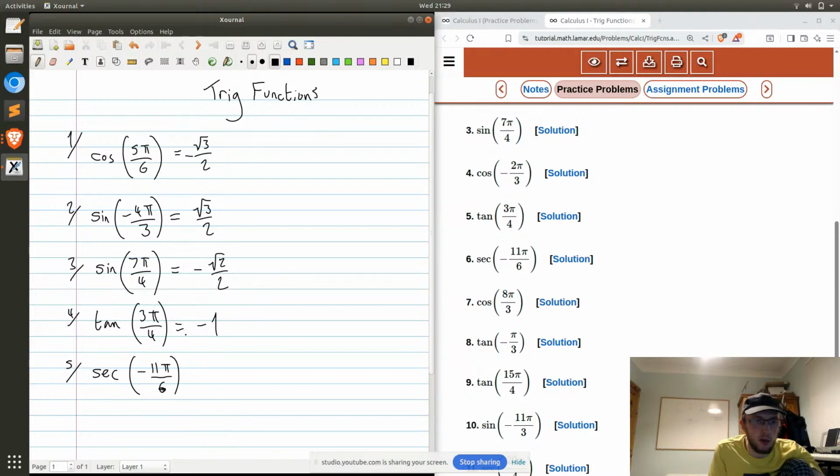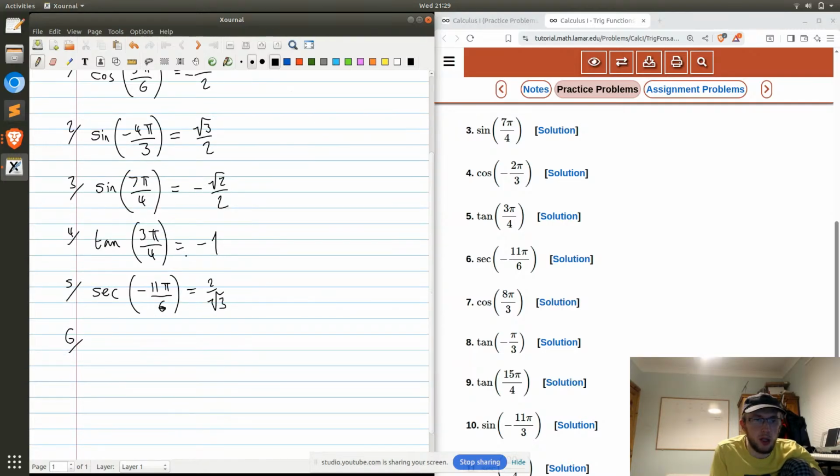Inverse 2 over root 3. Oh no, wait. Oops. Uh-oh. I missed that out. Just move everything down.